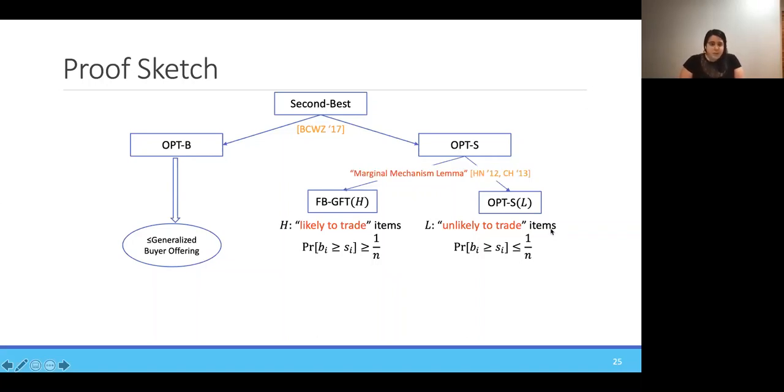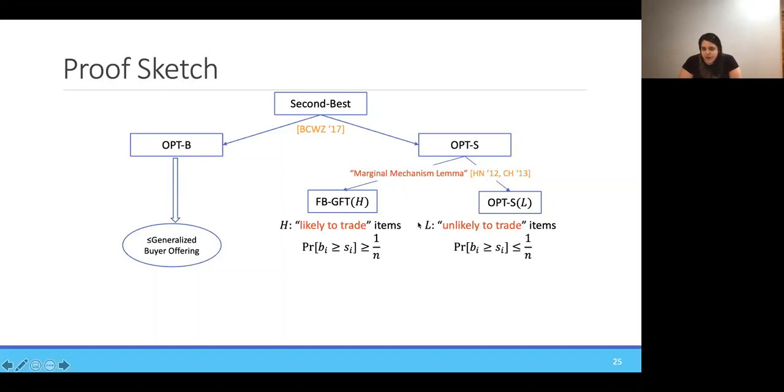The way we do this is we use an analog of the marginal mechanism lemma that we all know and love from Hartline, Syrgkanis, and Huang. And the idea is just the same. Instead of having welfare and revenue, now we have gains from trade and super seller revenue, okay? So that's how we split into gains from trade and super seller revenue.